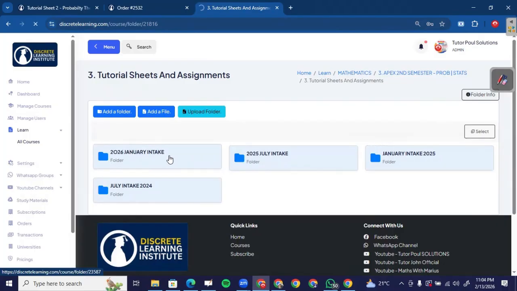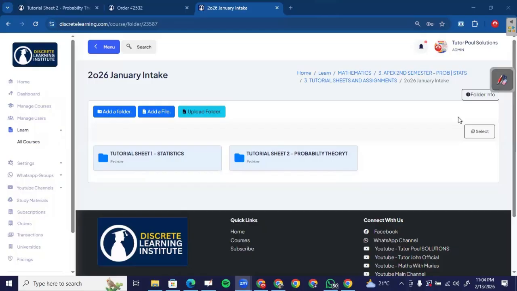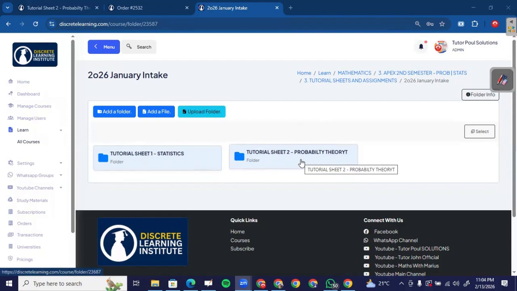So click on it and wait for it to load. Now you can see it has loaded. There's tutorial sheet one, full videos on statistics, then tutorial sheet two, full videos on probability. You can access those and use them to learn at your own time.